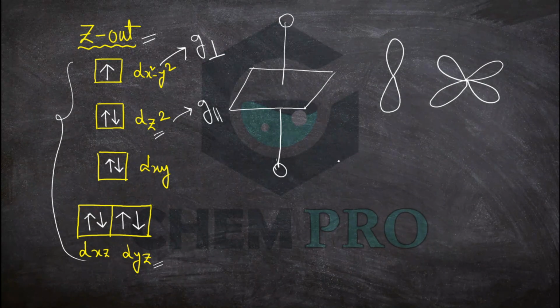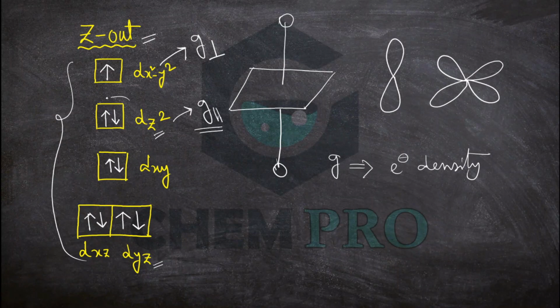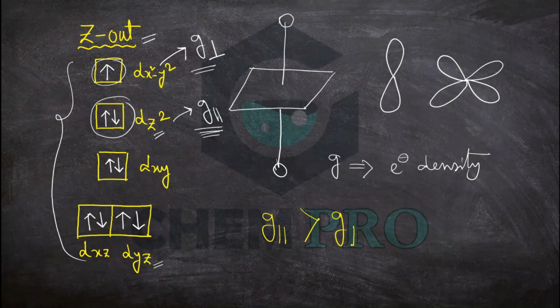And we discussed earlier that the G value depends upon the electron density. Here the G parallel has 2 electrons and G perpendicular has 1 electron, so the interaction is higher in the G parallel. So the trend here will be G parallel greater than G perpendicular greater than GE.